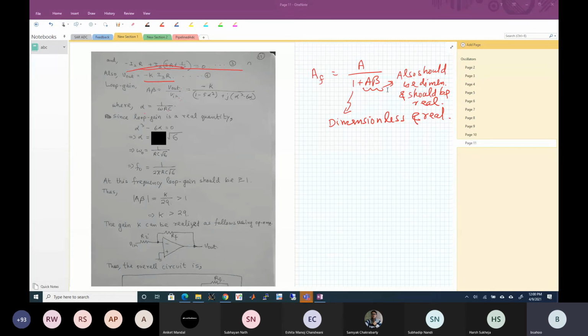I don't know how to put it, but when we write A of j omega, then there is some imaginary part there, right? So why can't AF be imaginary too?